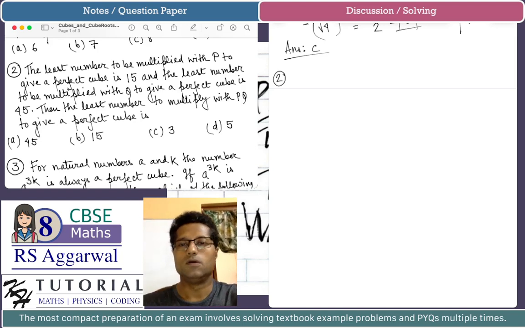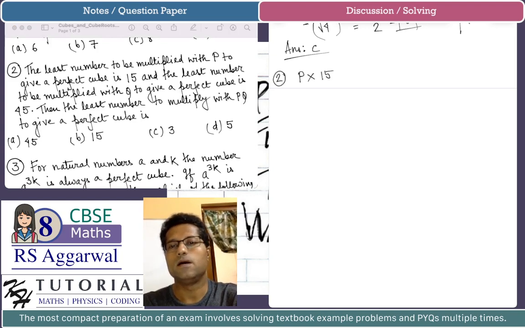Now, it is given that p multiplied by 15 is a perfect cube.